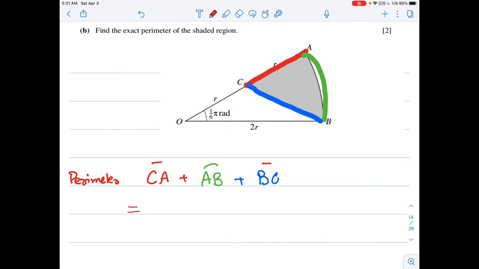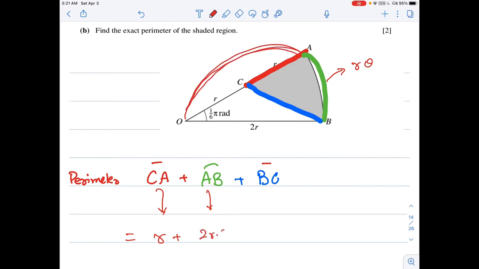CA value, we can see, is r, plus the AB value. AB is an arc. The arc formula is r theta. The radius is 2r, so it will become 2r times theta. Theta is pi upon 6, plus the BC value.